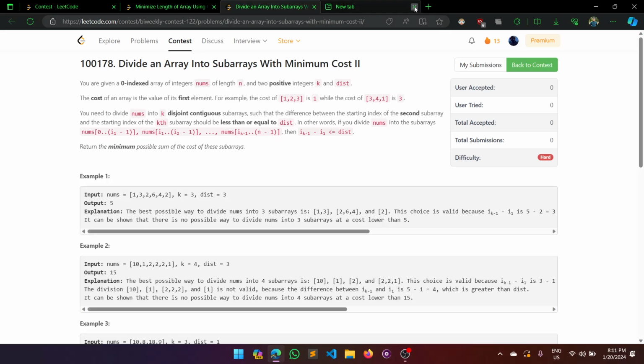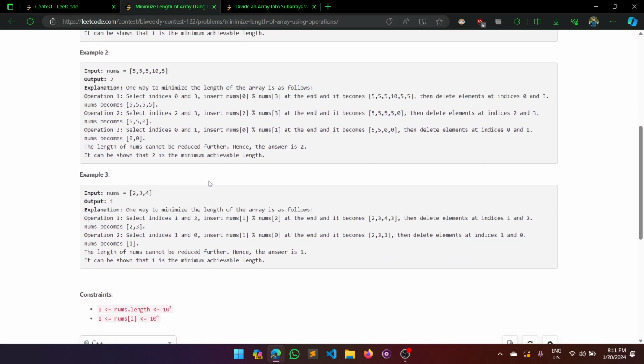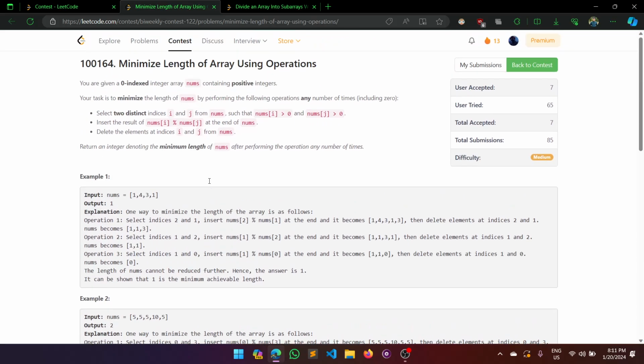Okay. Minimum length that we can achieve.